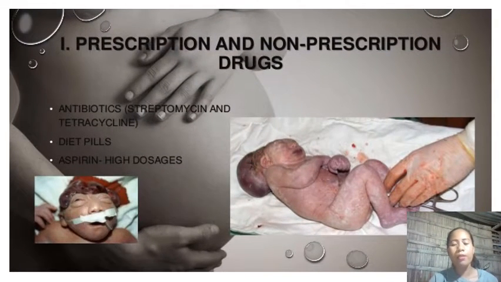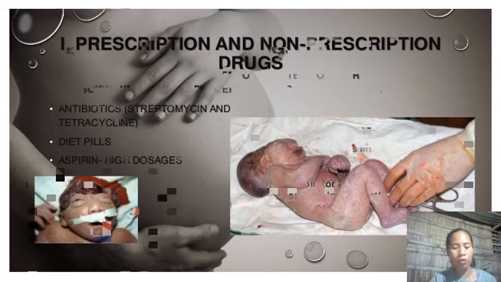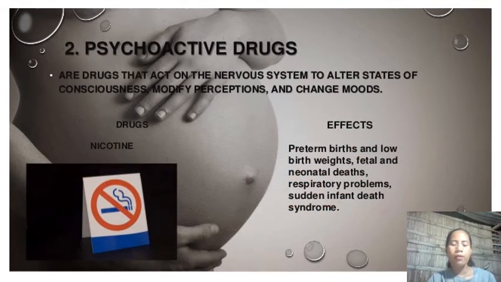The first hazard during prenatal development is prescription and non-prescription drugs. First are antibiotics, diet pills, and aspirin, in high dosage. The next is psychoactive drugs.